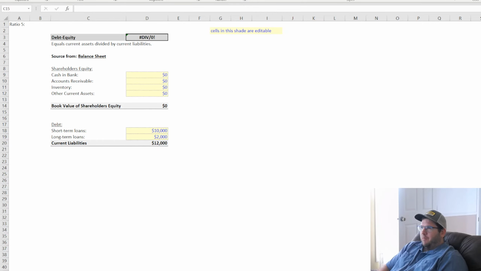So let's look up book value of shareholders' equity. Book value of equity, also known as shareholders' equity, is a firm's common equity that represents the amount available for distribution to shareholders. The book value of equity is equal to total assets minus total liabilities, preferred stock, and intangible assets. Okay.